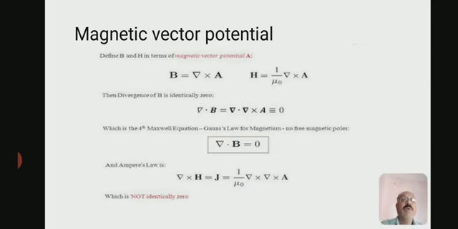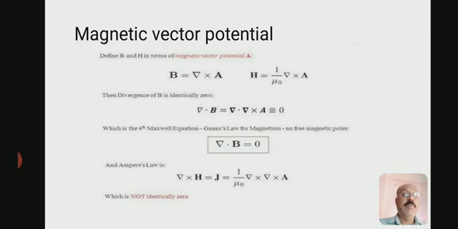Now, the magnetic vector potential. We define B and H in terms of the magnetic vector potential A, that is B is equal to del cross A and H is equal to 1 by mu naught times del cross A. The divergence of B is identically 0.